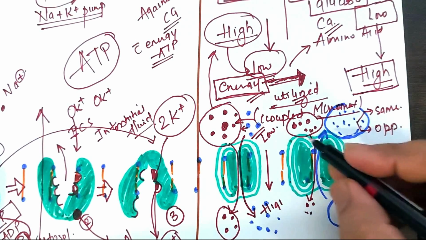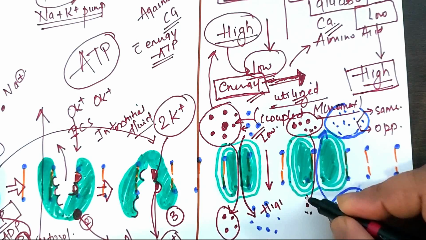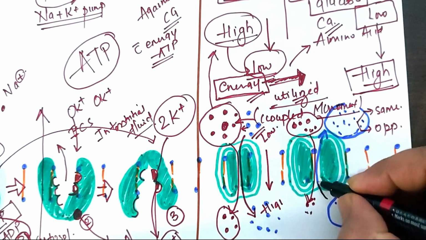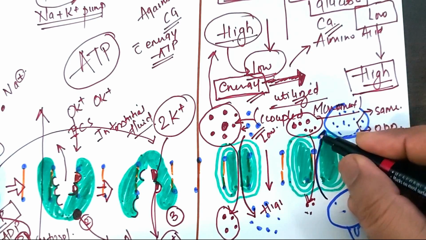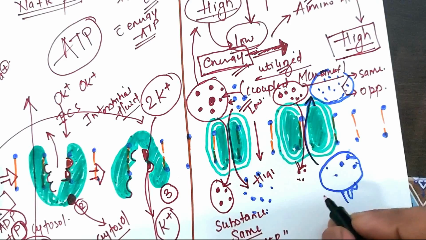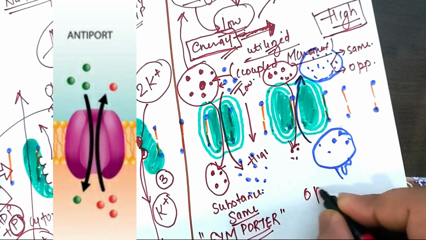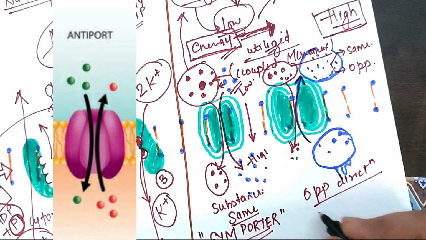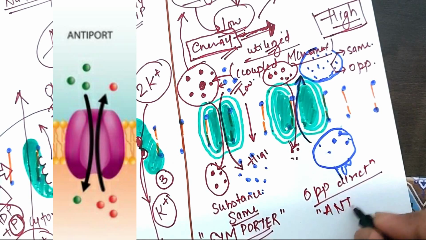So this sodium was moving in this direction from out to in, and calcium was going against the concentration gradient from the low concentrated area to the high concentrated area. When they move in the opposite direction, this is called an antiporter.